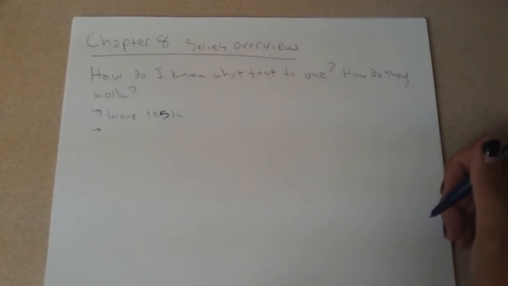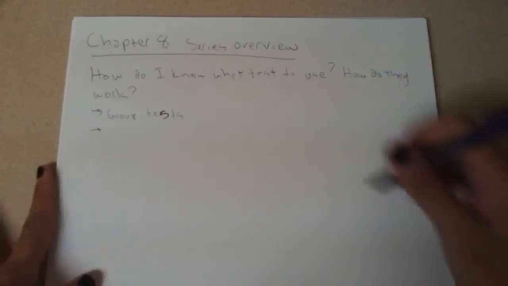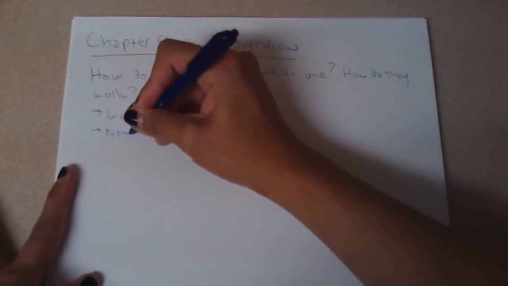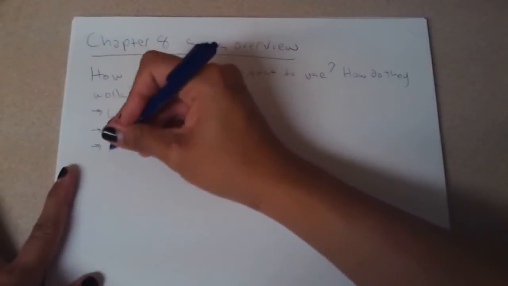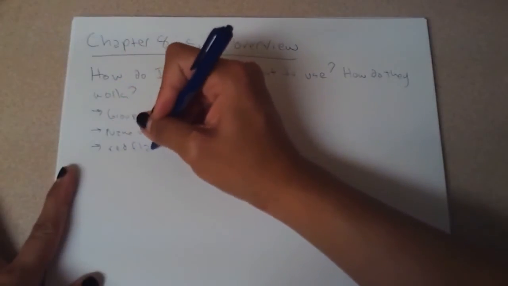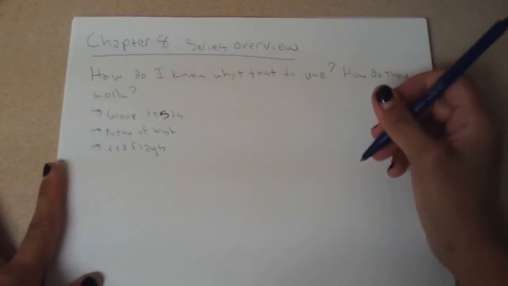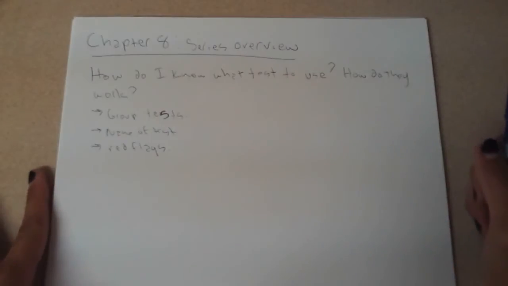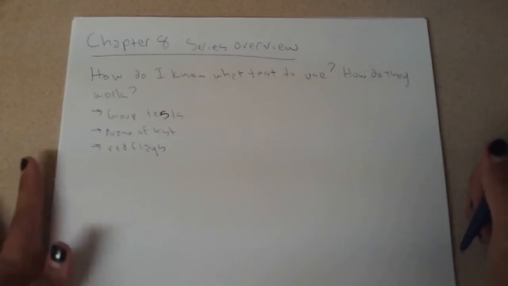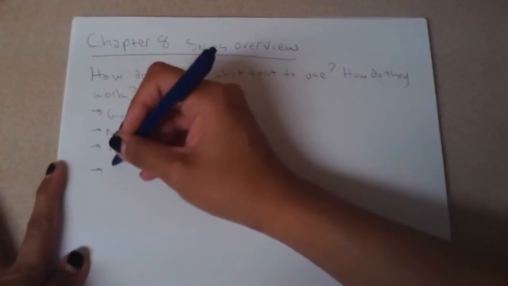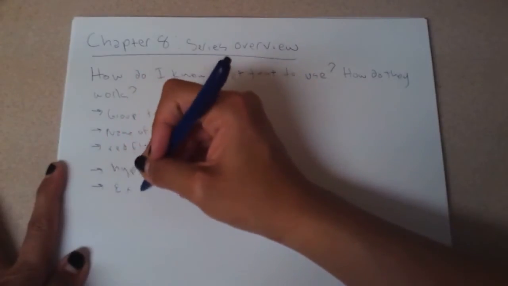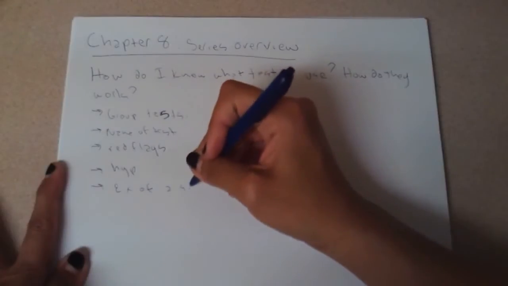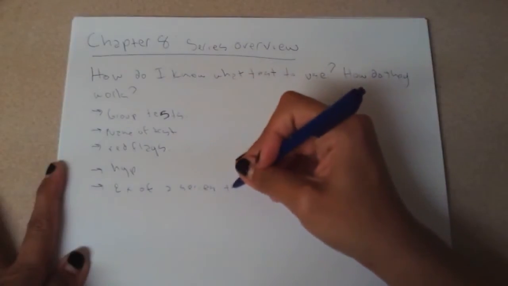Some of them are based on specific function types. So we're going to group these. I'll give you the name of the test. I'll try to give some sort of setup of red flags that will tell me, hey, this is probably a smart test to use. And I'll give you a reminder of some of the hypotheses and a brief example of a series that it would work with.